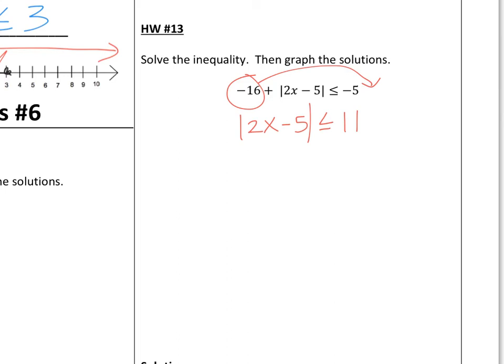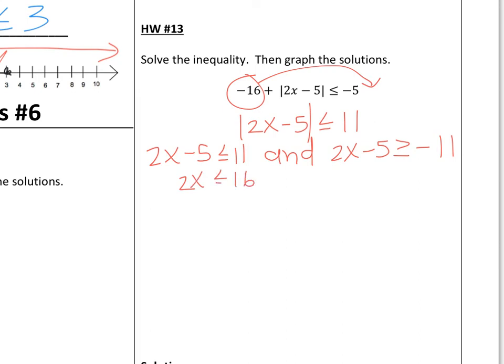So this is a positive one, and so this one's okay, so we have to solve it just like we've been doing. So set up our two problems: 2x minus 5 less than or equal to 11, and then we'll do 2x minus 5 greater than or equal to -11. Then we'll solve it. We'll add 5 to both sides, so I'll have 2x is less than or equal to 16.